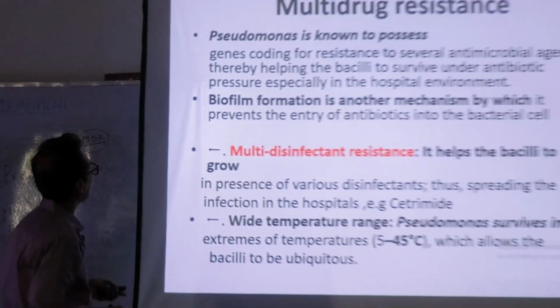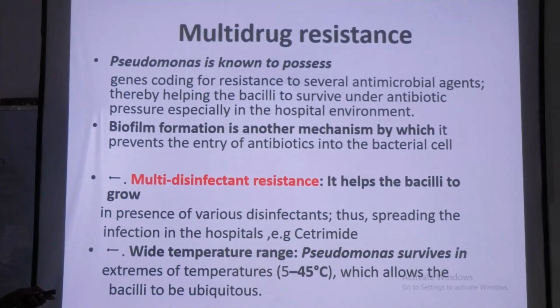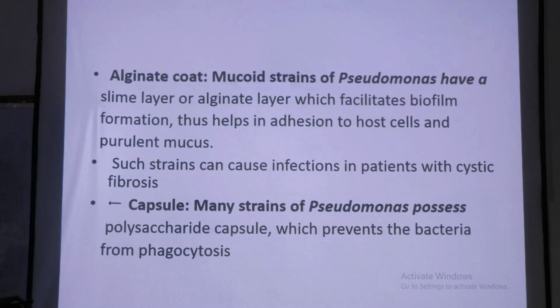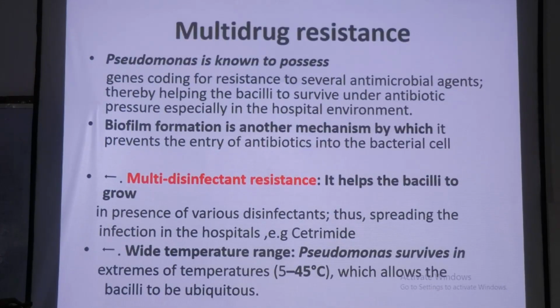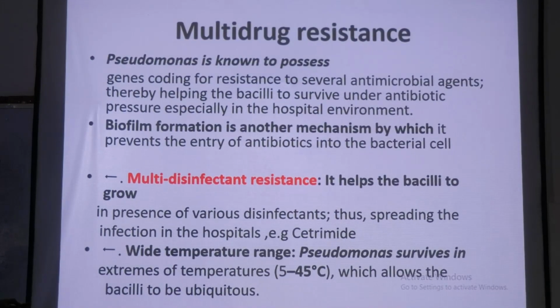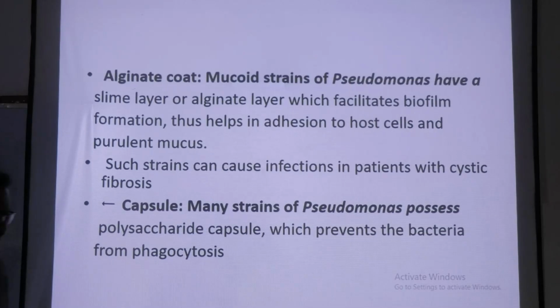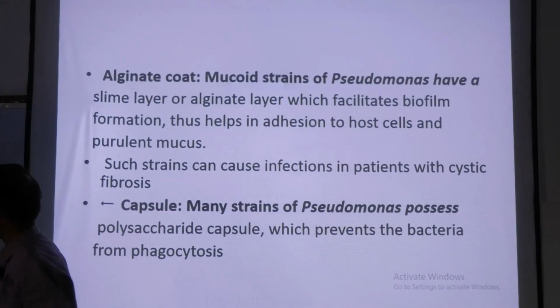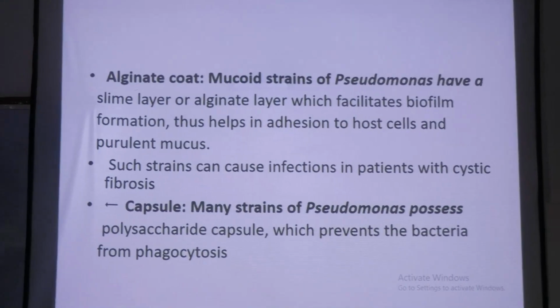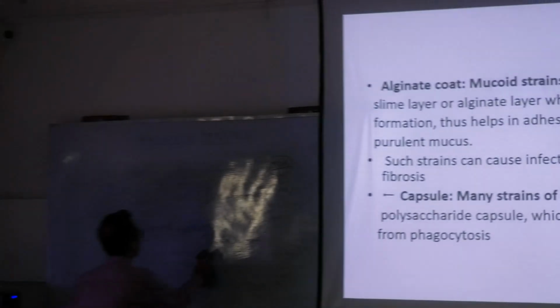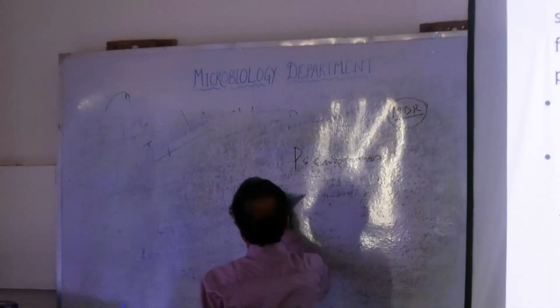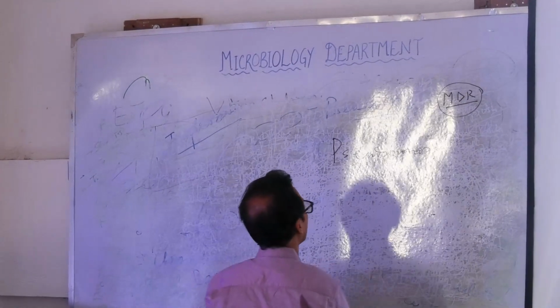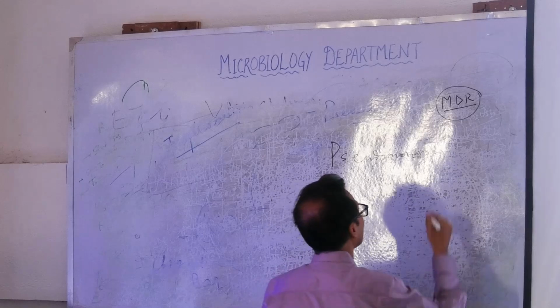Now another part is multidrug resistance. Before I go to that, what are the diseases caused by Pseudomonas? Any organ can be involved, but you must tell these things first for Pseudomonas aeruginosa.